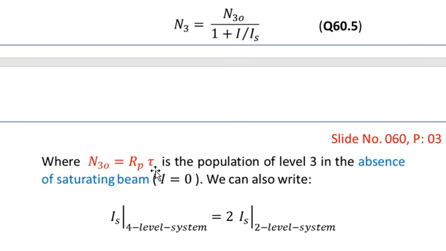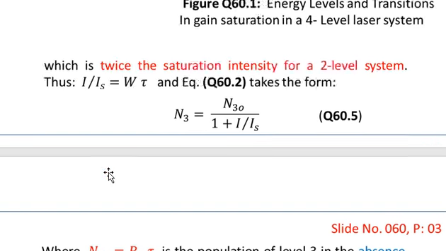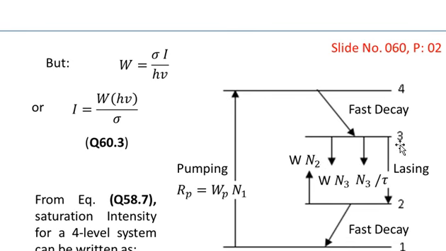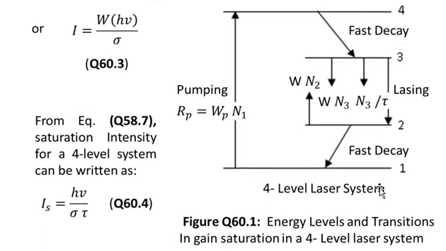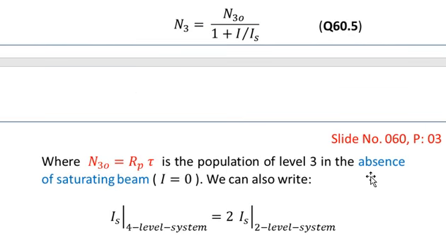Rp multiplied by tau will give you n30, because n30 will accumulate in level 3, since the population of level 4 will decay immediately to level 3. So the population of level 4 is almost 0, and it means that the pumping that is done is effectively pumping the population of level number 3. And in level number 3 we are using 1 over tau as the spontaneous rate. So we are using the same time for the pumping mechanism. So n30 can be written as Rp into tau.